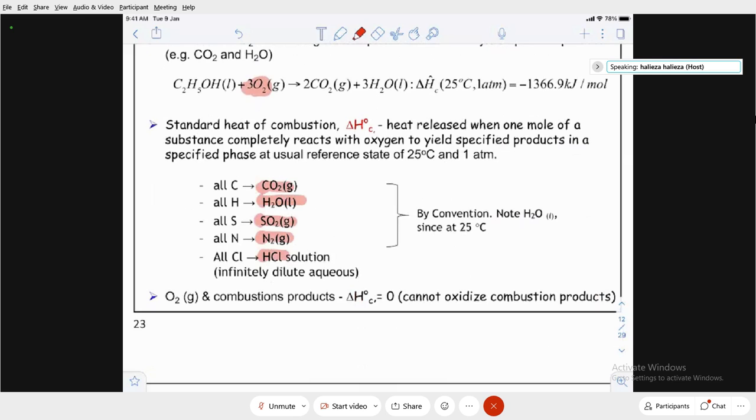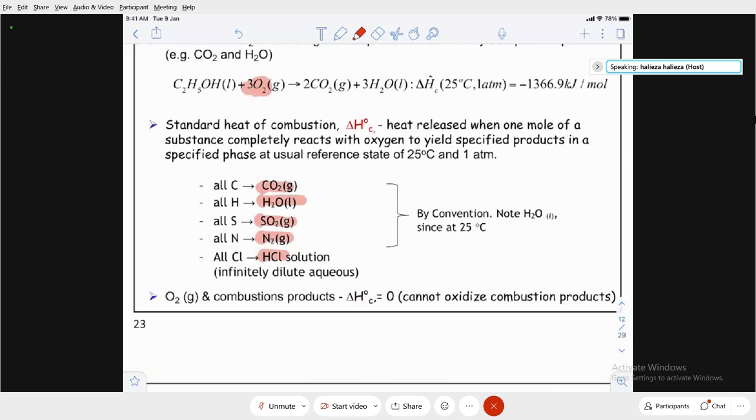I'm not saying nitrogen is a product, but these are the ones that are going to be formed on the right hand side. And nitrogen, again, is not a product of combustion. Nitrogen is there due to the fact that your source of oxygen comes from air, and air contains nitrogen. That's the reason.